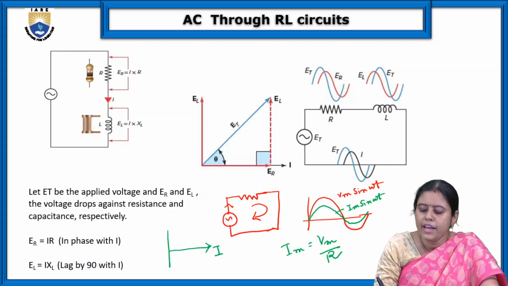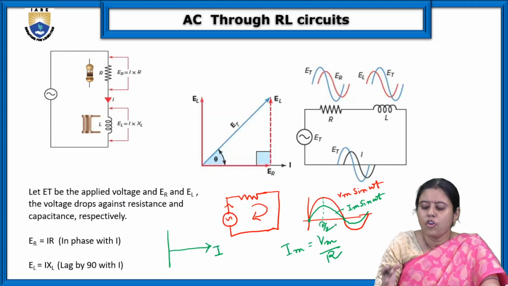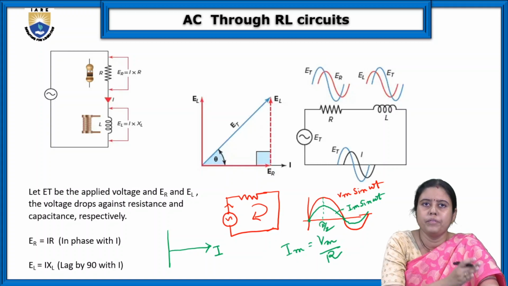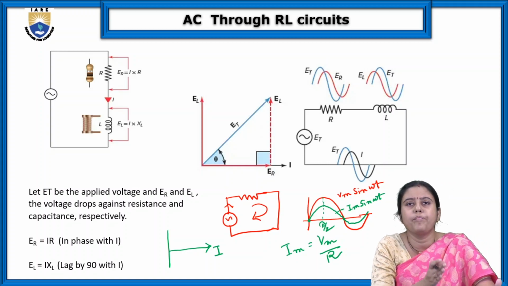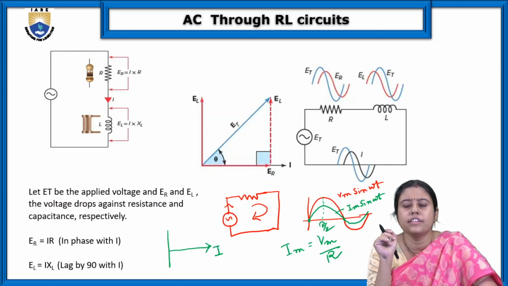No phase difference means they start from the same point, end at the same point, and both have the peak at pi by 2. Their starting point, ending point, peak point, everything is matching, then we will tell the phase difference is 0.